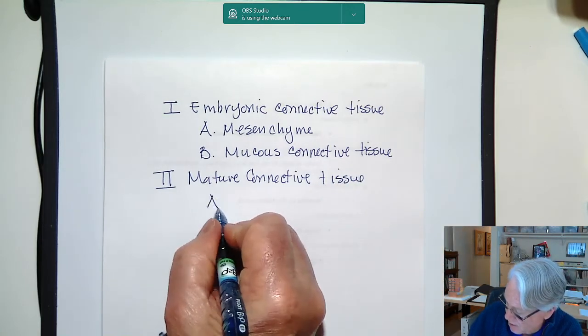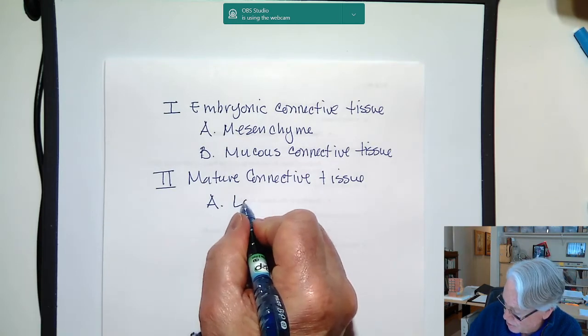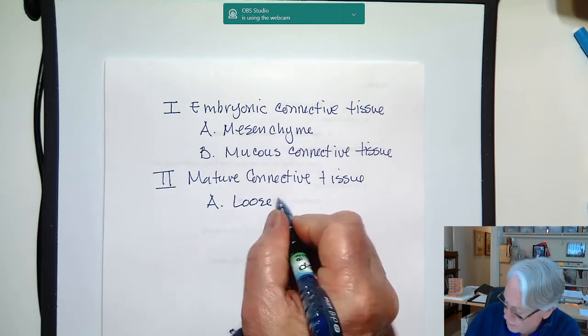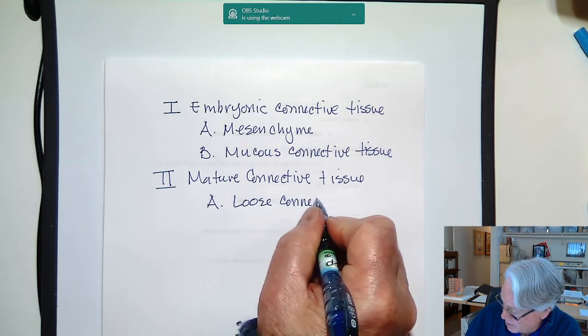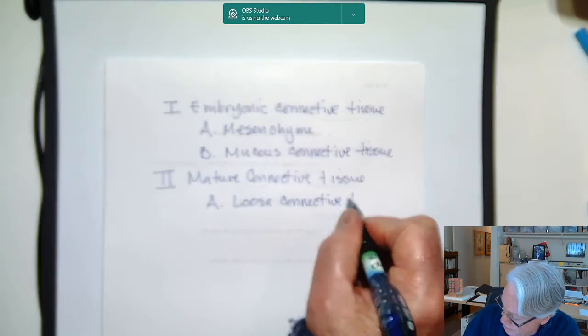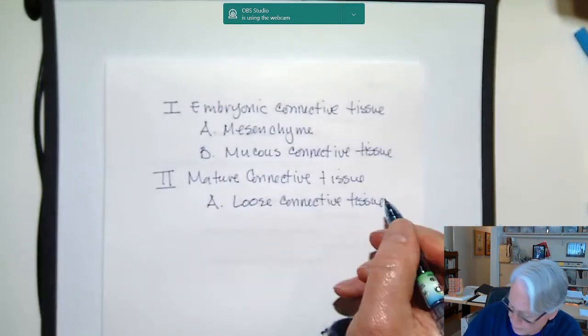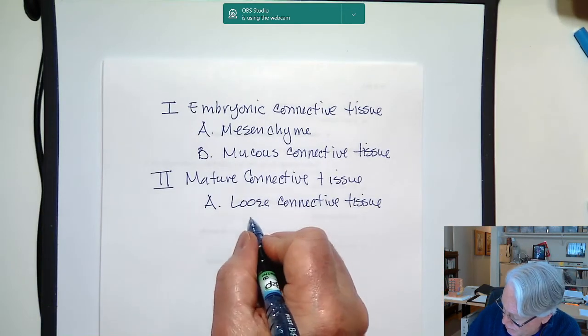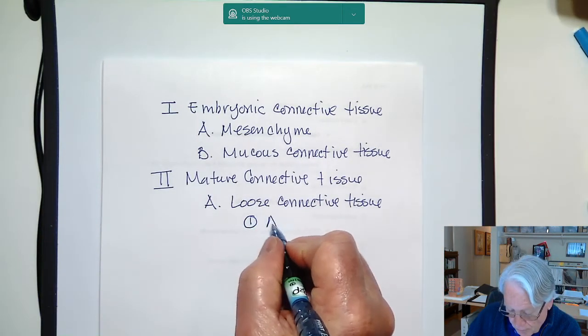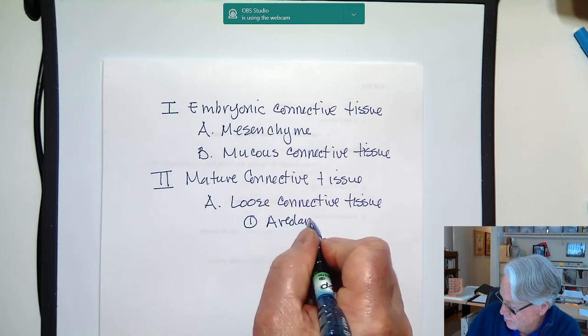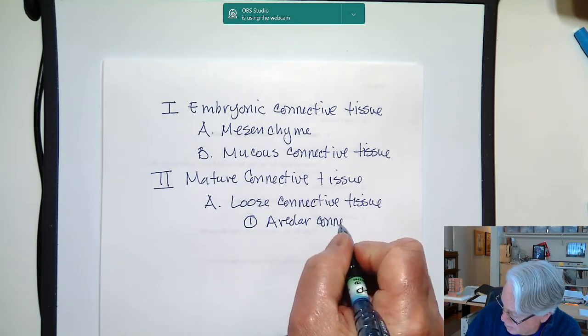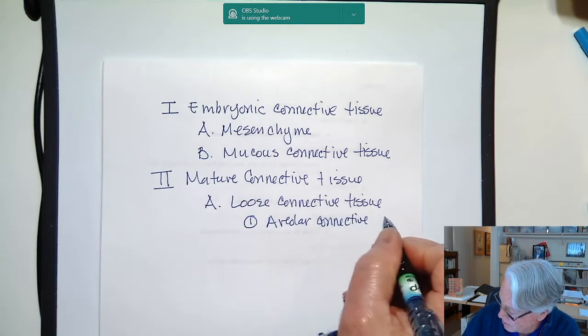And I'm going to have a loose connective tissue. And under that, I'm going to have 1, areolar connective tissue.